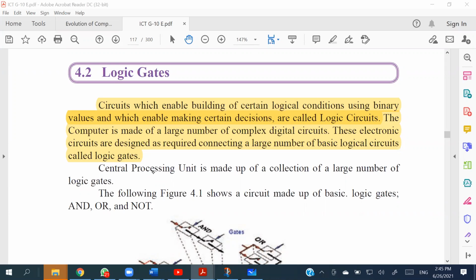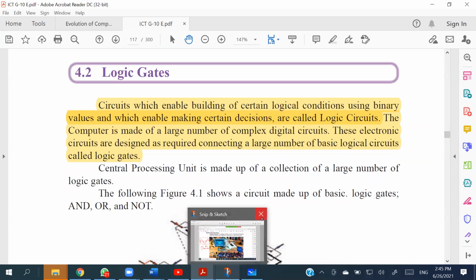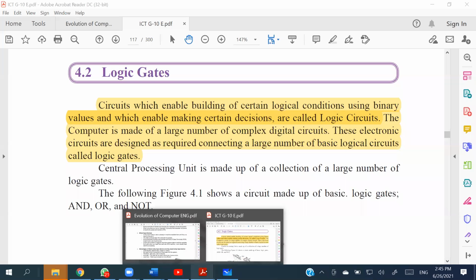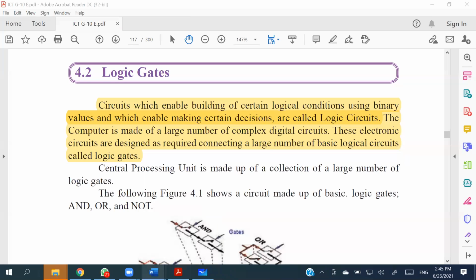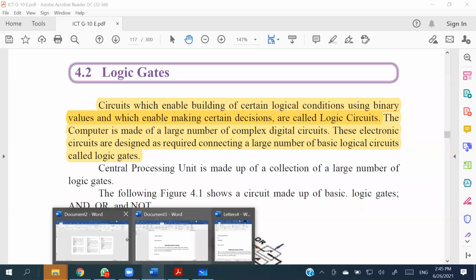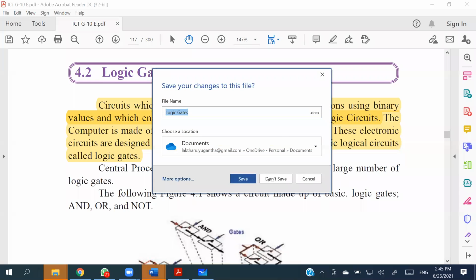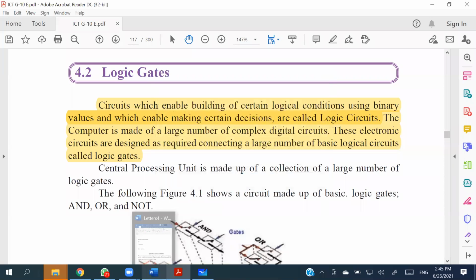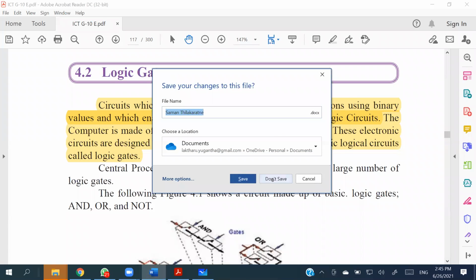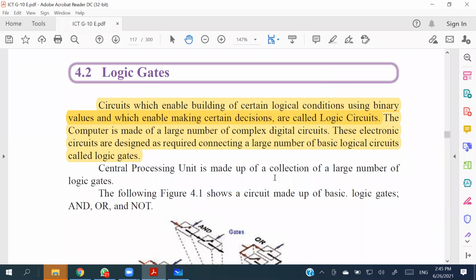Okay, are we done? One is done. How about others?